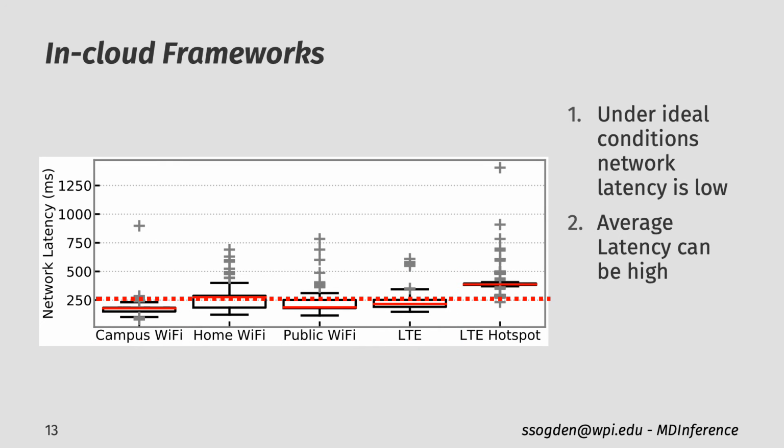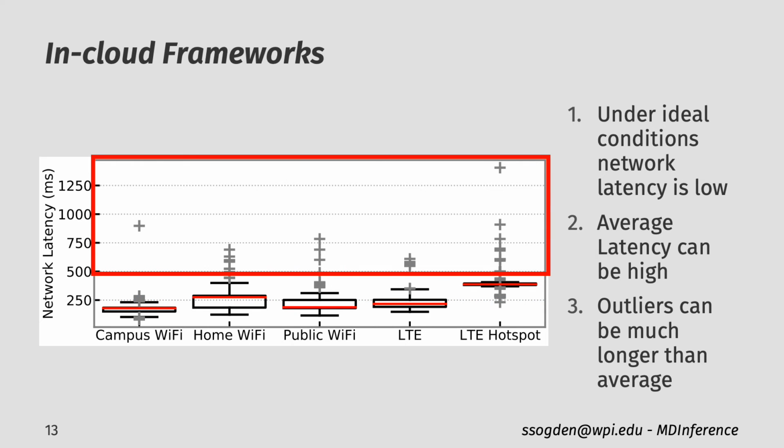However, the average latency can still be quite high, approaching a 250 millisecond target. Finally, there are outliers on all of these networks, where a single network transfer will take unexpectedly long, leading to a long end-to-end response time. In these cases, network latency makes it impossible to both use a remote model and bound the execution of it.